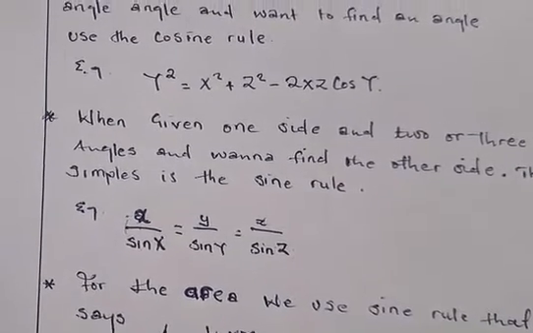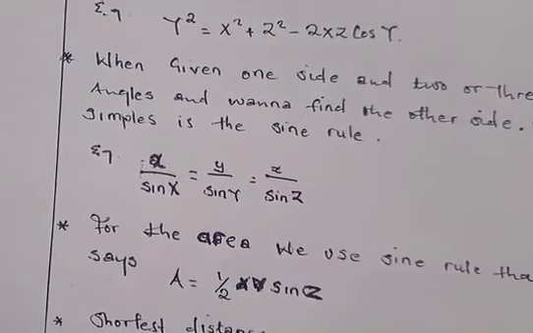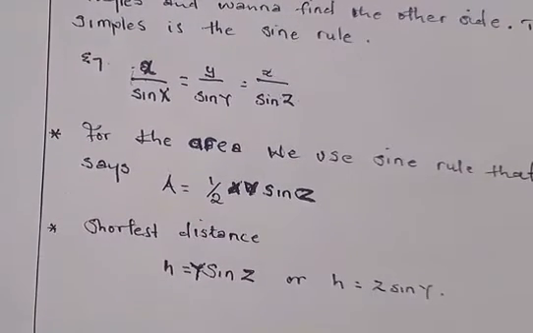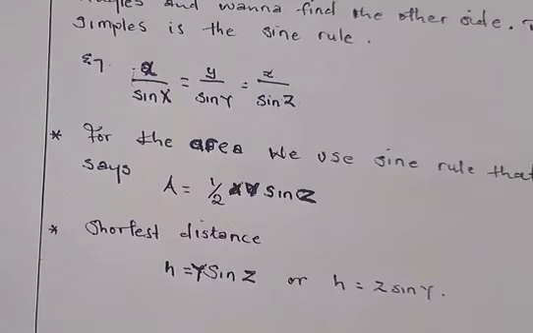Now let us look at when we are told to find the area. Again, for the area, we don't have a standard formula, because at a point we have to use an angle. So you look at the angle that you are given, and from there you can see the formula that you're going to come up with.